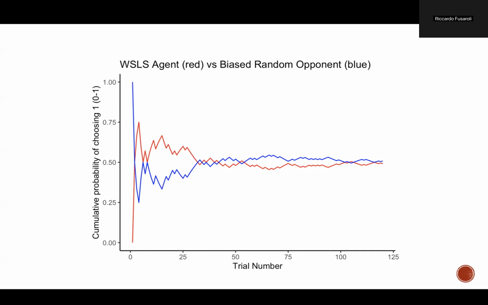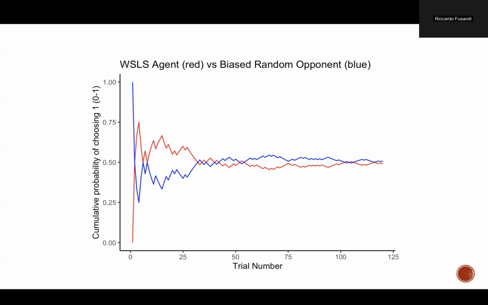Why is it slightly at an advantage? Because it doesn't care what the win-stay, lose-shift does. It shifts at random, and whenever it shifts at random, it wins. So paradoxically, the more random the bias agent is, the better it will perform.